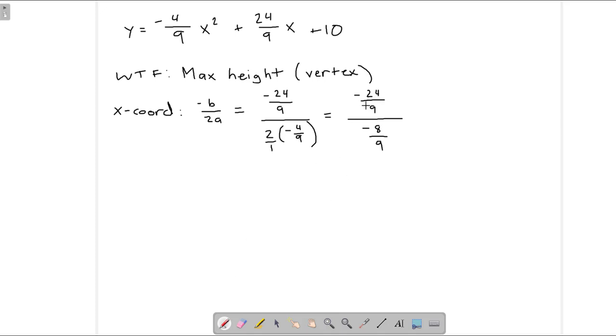And I know a lot of us aren't quite comfortable dealing with these weird expressions quite yet, so I wanted to do another example of that. So I like to start by writing this as a division of fractions. So it's the numerator divided by the denominator, so negative 24 over 9 divided by negative 8 over 9. And remember, when you're doing division with fractions, you just have to multiply by the reciprocal.